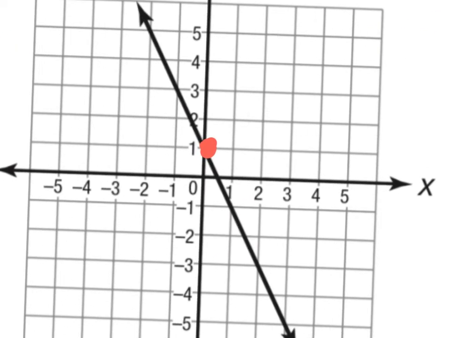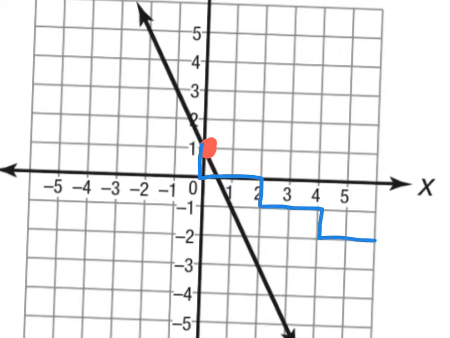Now, on this one, we said our change in y, or our vertical change, we were going down how many? Our change in y was negative 1, right? So we're going down 1 over 2. Down 1 over 2. Is this our graph? No.